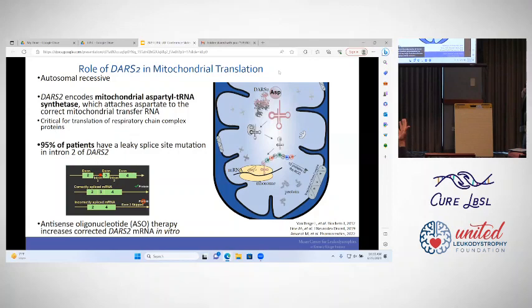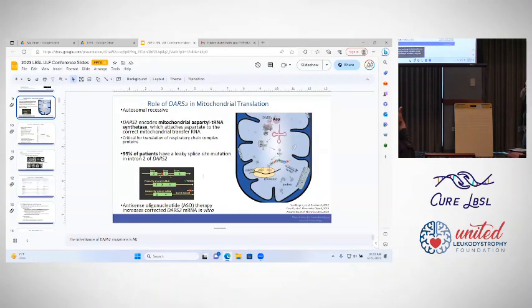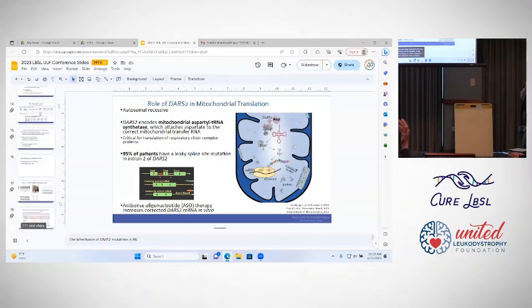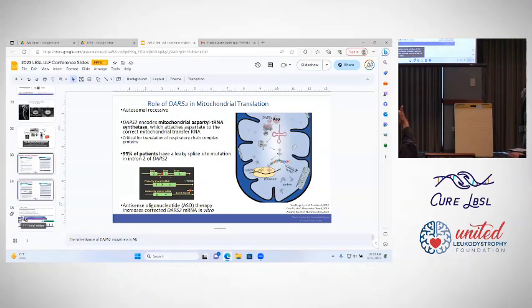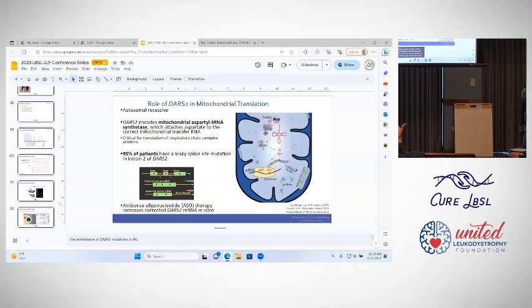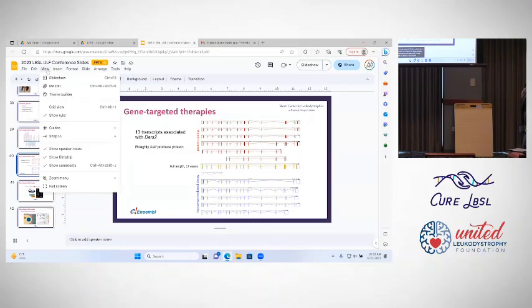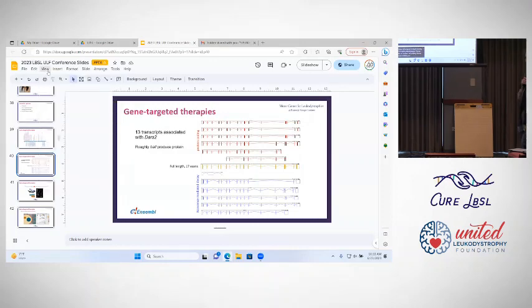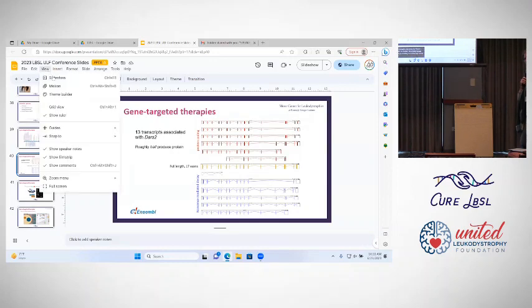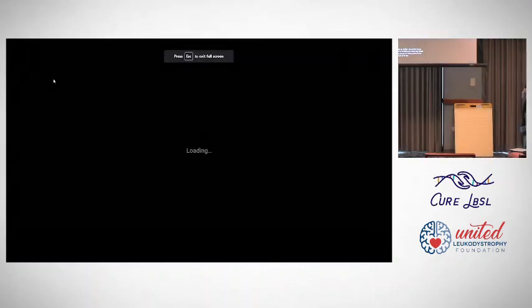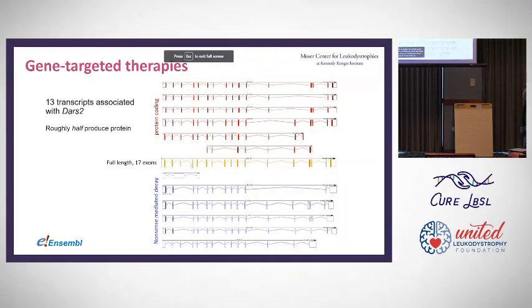So that would be interesting to test, at least in the system that you have. This was the idea I had, probably because riboflavin or something can in some way improve something, because one of these patients that has stabilized now for 10 years with riboflavin has this mutation in exon 3.